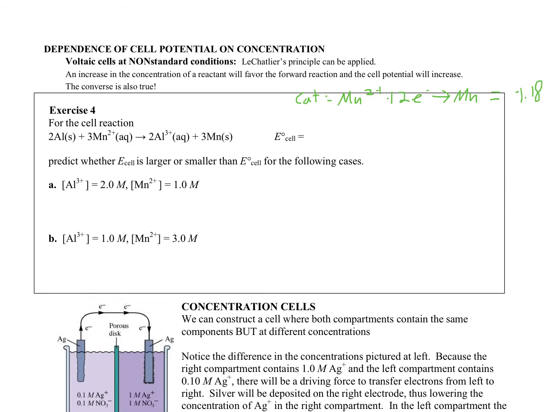I look for my anode, the thing that was oxidized: aluminum. It went from a solid to the ion, aluminum 3+, by losing 3 electrons.